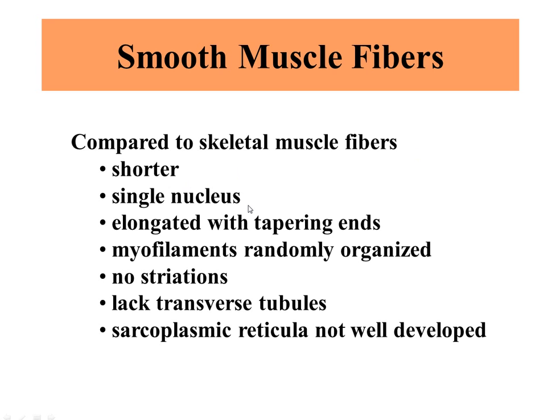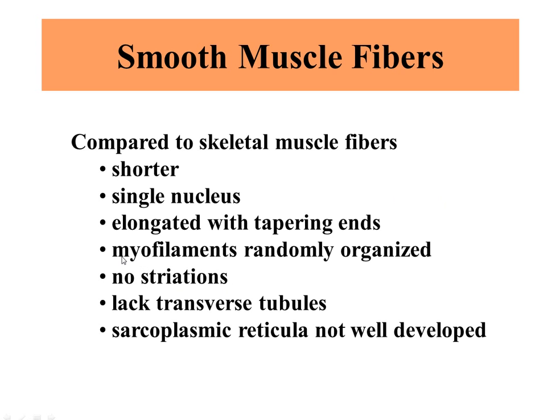They have a single nucleus, and remember we said the skeletal muscles have many nuclei in their fibers. Smooth muscle has a single nucleus. They are elongated with tapered ends, so it looks sort of like this. Sort of spindle shape, pointed on both ends with a bulge in the middle where the nucleus is.